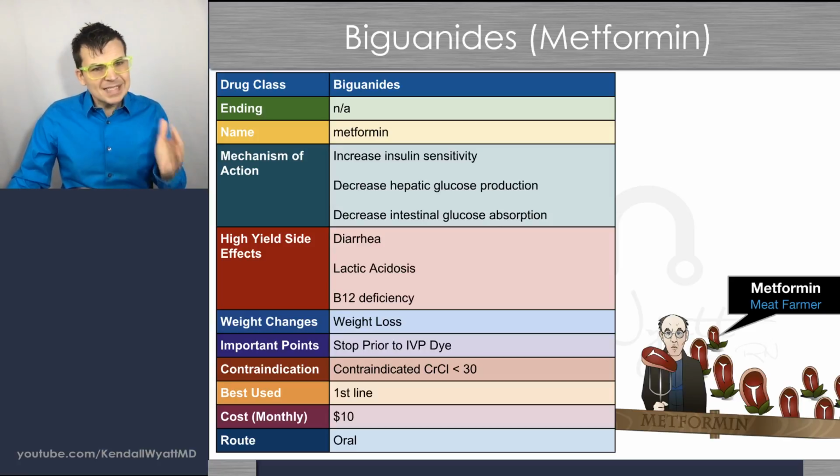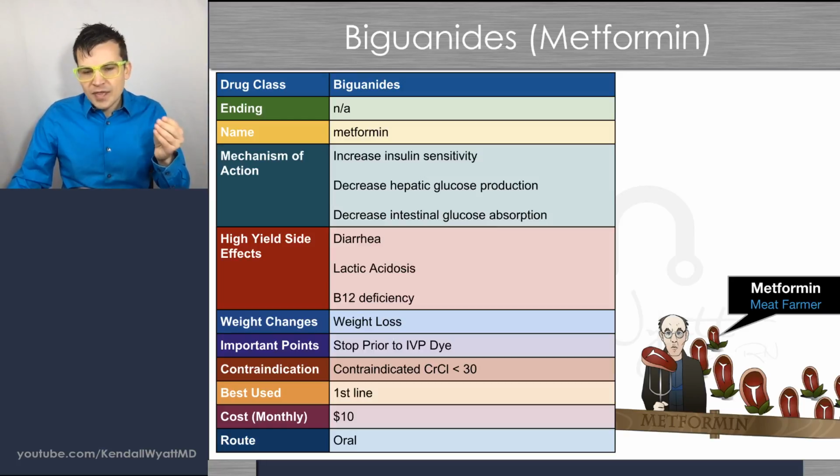Now, the last thing, I see it tested a lot, but it's more theoretical more than anything, is B12 deficiency. Remember that B12 deficiency does not develop fast, so it takes a long time, years to develop, so not something that's going to show up right away. Now, if we remember that mechanism of action, remember that metformin works with GLP-1 to decrease glucose absorption in the GI tract.